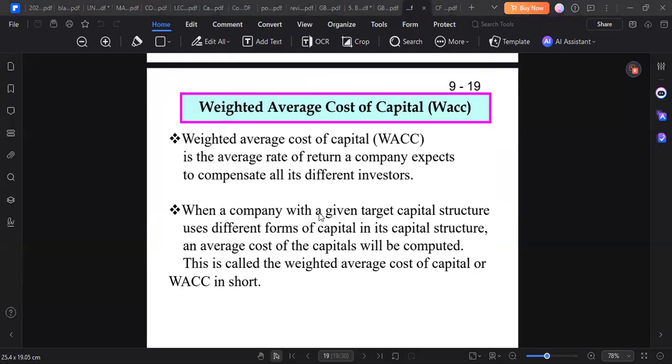So the weighted average cost of capital is the cost that a company must pay all these investors, weighted by how much they use. So it is a weight of what? Equity times cost of equity, weight of preferred stock times its cost, and weight of debt times its cost. Of course, you take into consideration the tax shield.